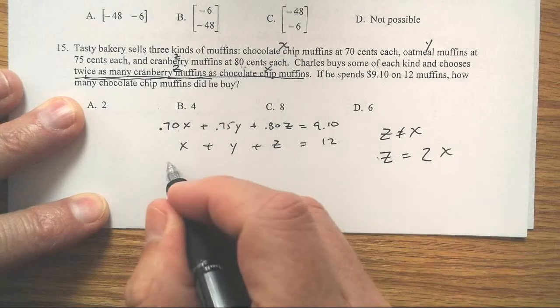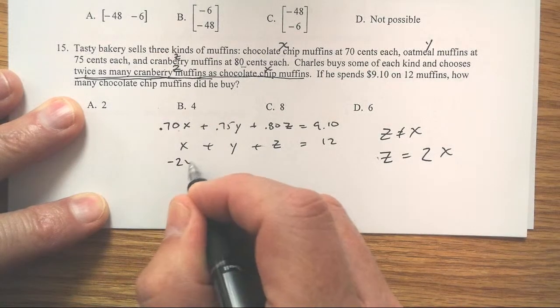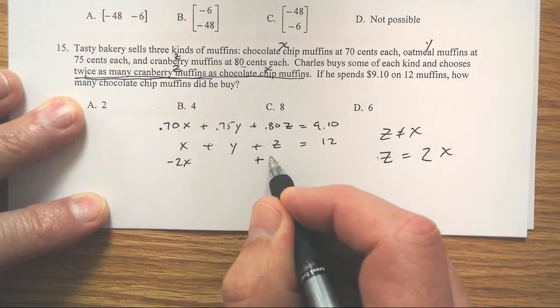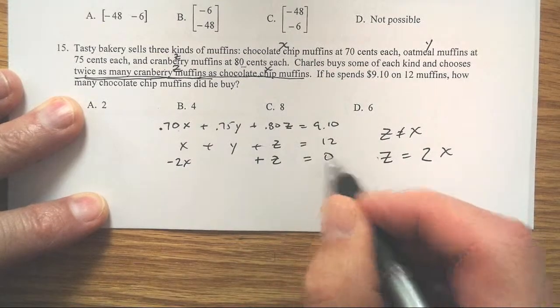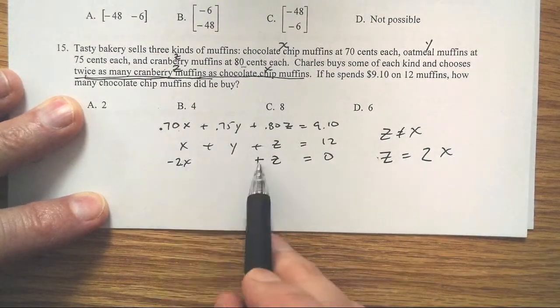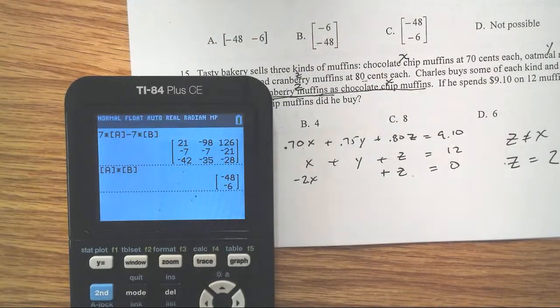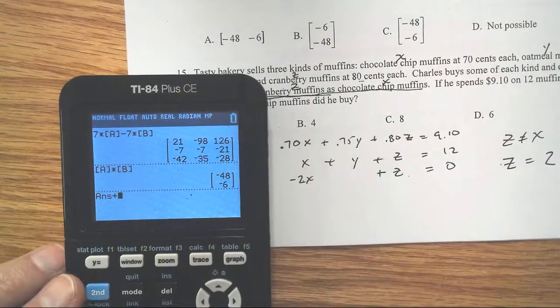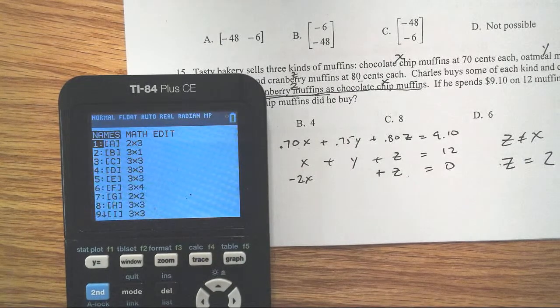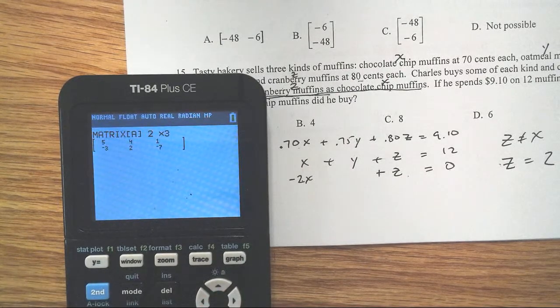If I subtract 2x on both sides, negative 2x plus Z equals 0, or 2x minus Z equals 0. And now I can RREF that. Here we go, clear. Second matrix, edit.